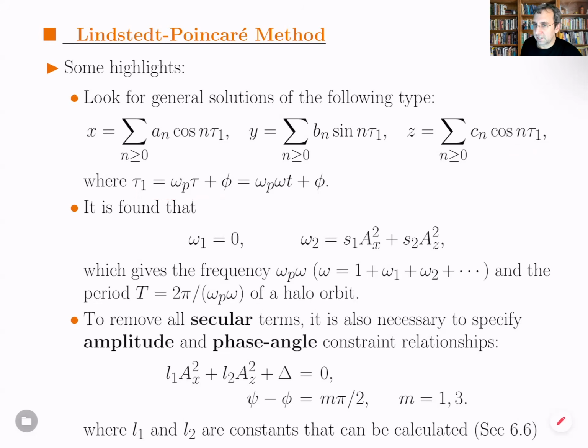And if you go through the Lindstedt-Poincaré procedure, you find that omega 1 is 0, but then omega 2 is non-zero. It's actually second order in the frequencies. So we're going to have omega, which is 1 plus, to leading order, omega 2. And that'll be high enough.